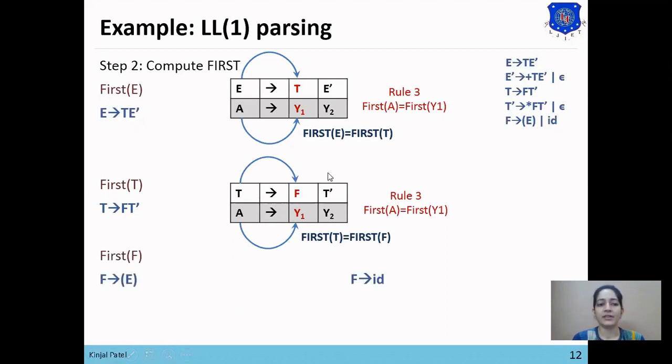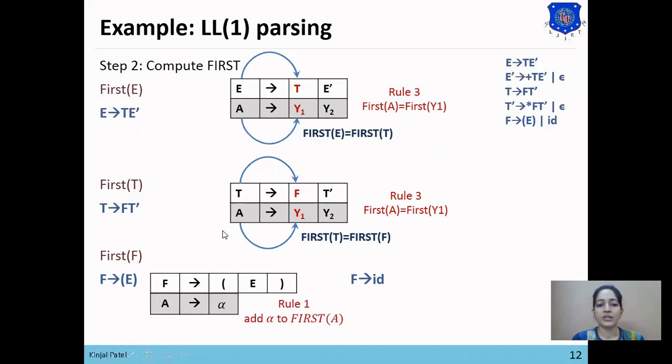So first of F, there are two productions of F. The first one is F produce (E) and the second one is F produce ID. We'll check the first production, which matches the first rule, which says that if there is a terminal symbol at the first position, then that terminal symbol will be added into first of F. So the opening bracket will be added into first of F. Done.